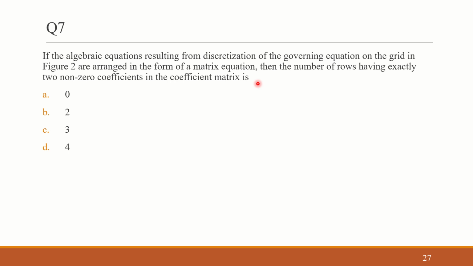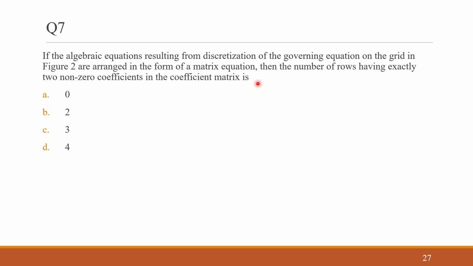The question is about how many rows will have exactly 2 non-zero coefficients. As I mentioned, we will have 10 equations, and each equation occupies one row. Consider it like that. And we have 10 unknowns. We know all the values at the boundaries. And in the previous question we have seen that the center cell has 5 non-zero coefficients.